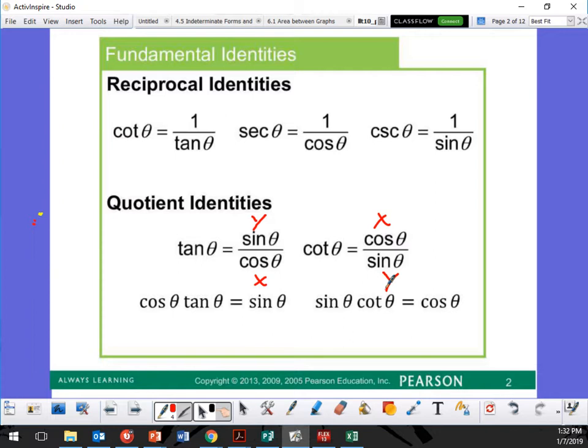So cosine times tangent. Cosine, we said, is what over what? X over R. And what is my R going to be? 1. R is going to be 1. So I'm going to say that this is going to be X over 1 times, what did I say tangent is?